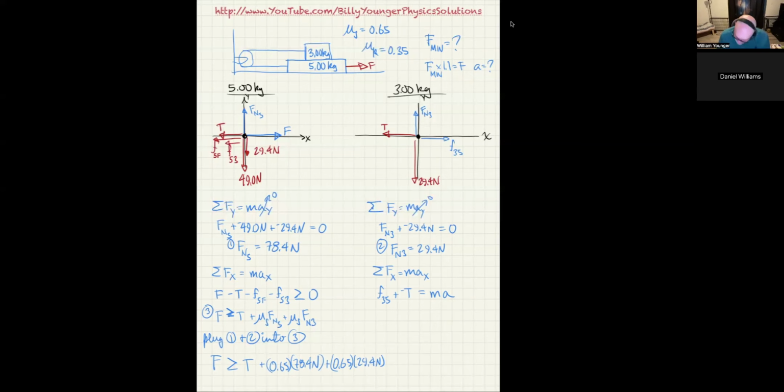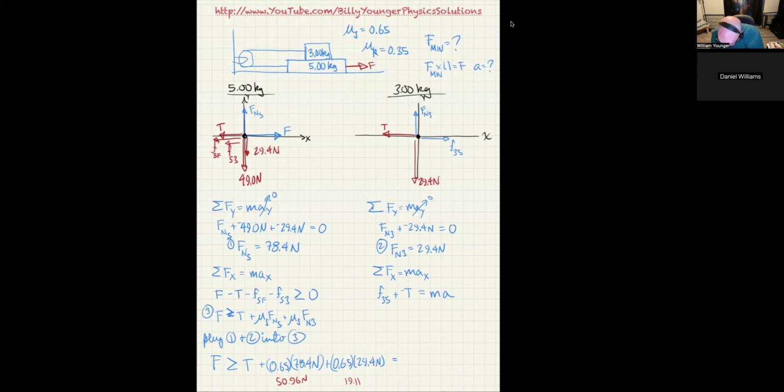And then that's it. So I can make this a little more straightforward, and I'm going to combine it with that last equation we just made so that we can get rid of the T. But 0.65 times 78.4, that's 50.96. And 0.65 times 29.4 is 19.11.